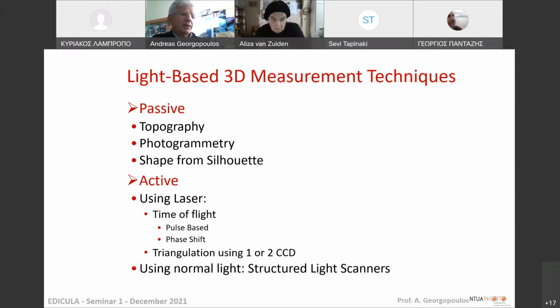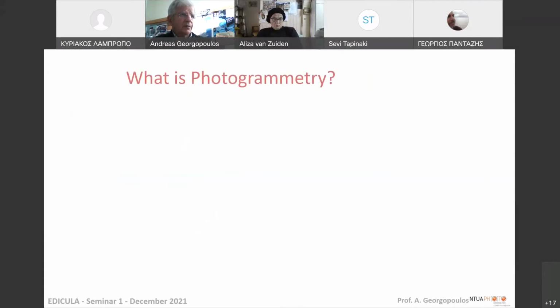So laser scanners fall under this category because we send some laser beam and we record its return. While photogrammetry, where we take some pictures, or topography, where we just measure the image of a point through a telescope, we need some source to illuminate the object. So this is the difference between passive and active methods.